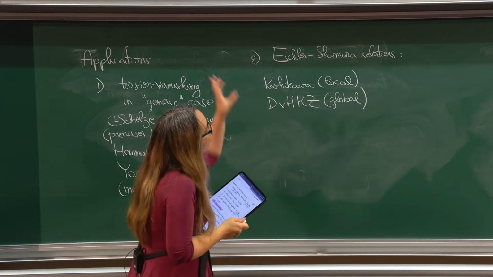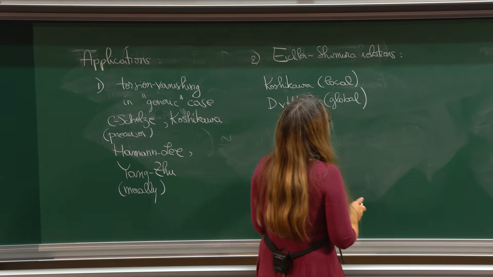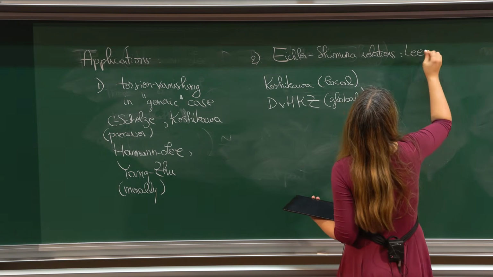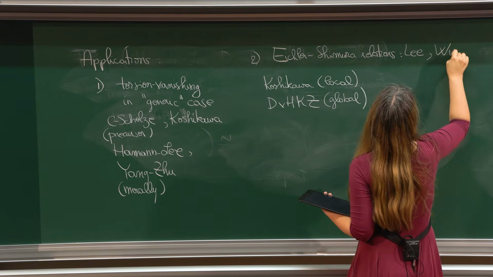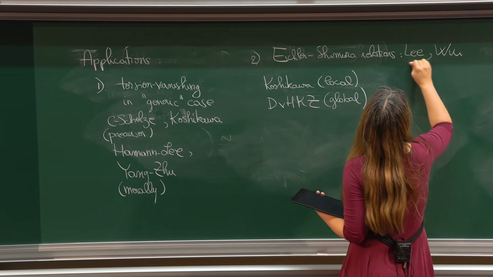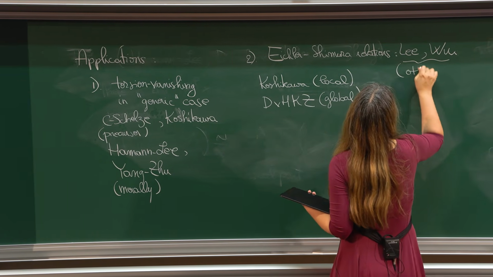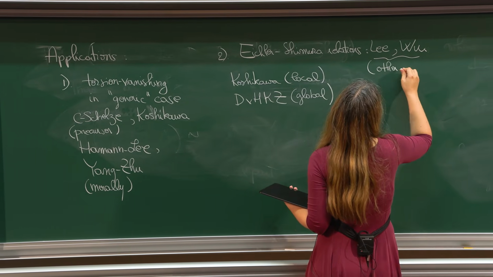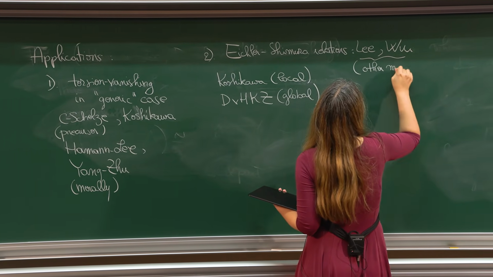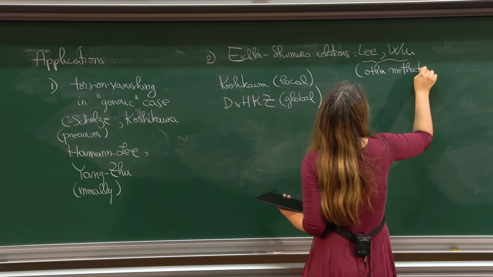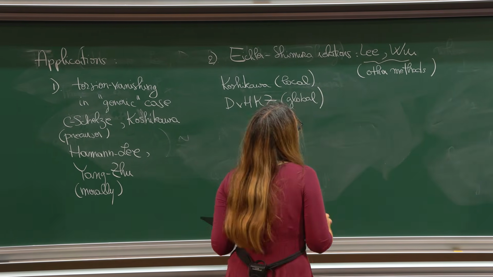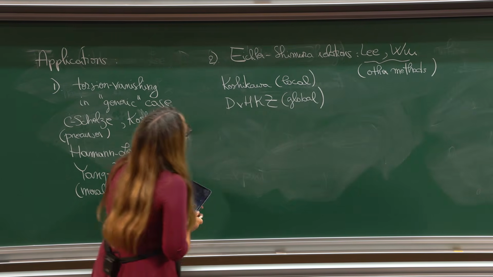And so as I said, there's other work, maybe I should say, work here of Lee and Wu using other methods. And Lee actually proves it on the level of algebraic cycles. Wu uses excursion operators and an S equals T theorem.